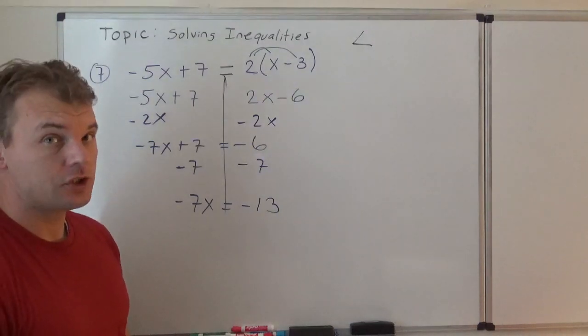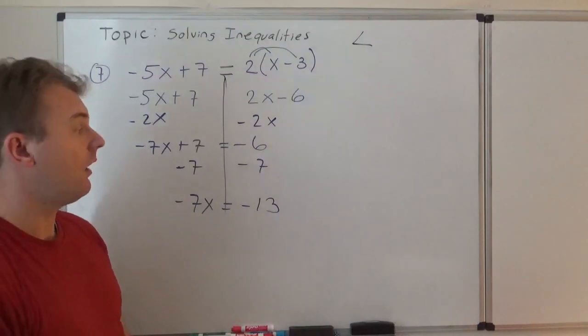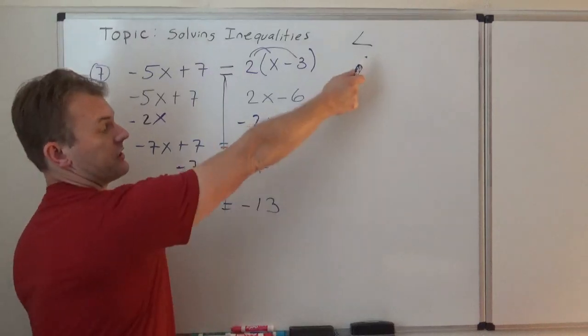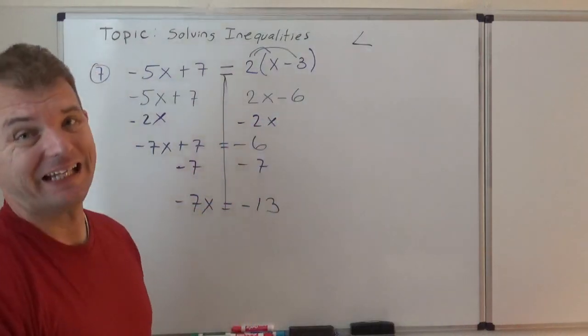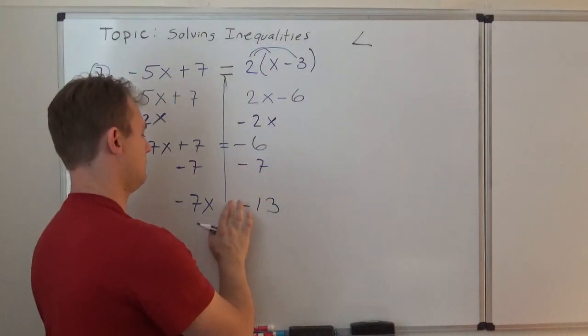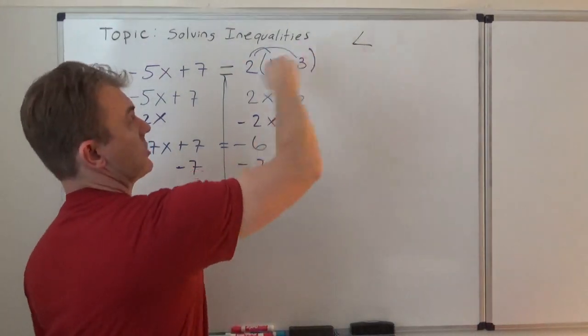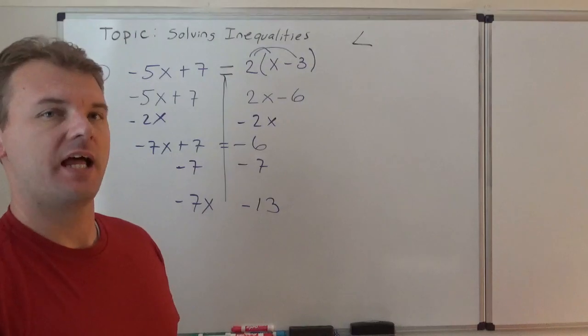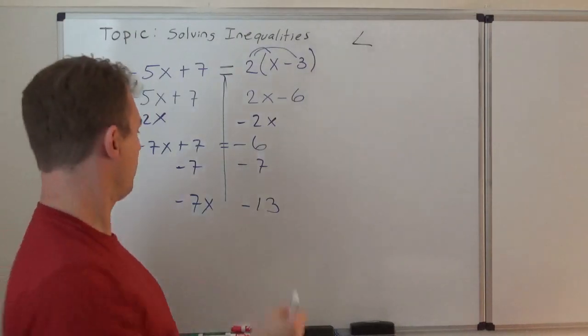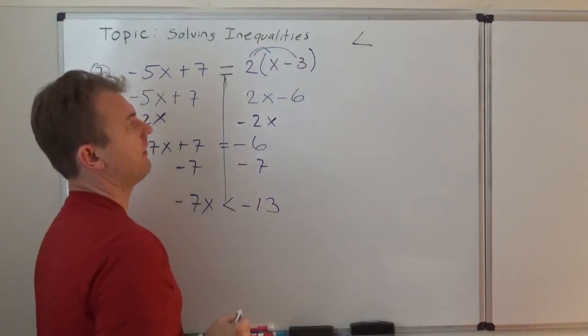Here's the objective. Be very careful now. Remember that equal sign we switched out? Why don't you put it back in? By the way, you don't have to do this switching out. It's just for the students that have a little bit of trouble. So put that back.